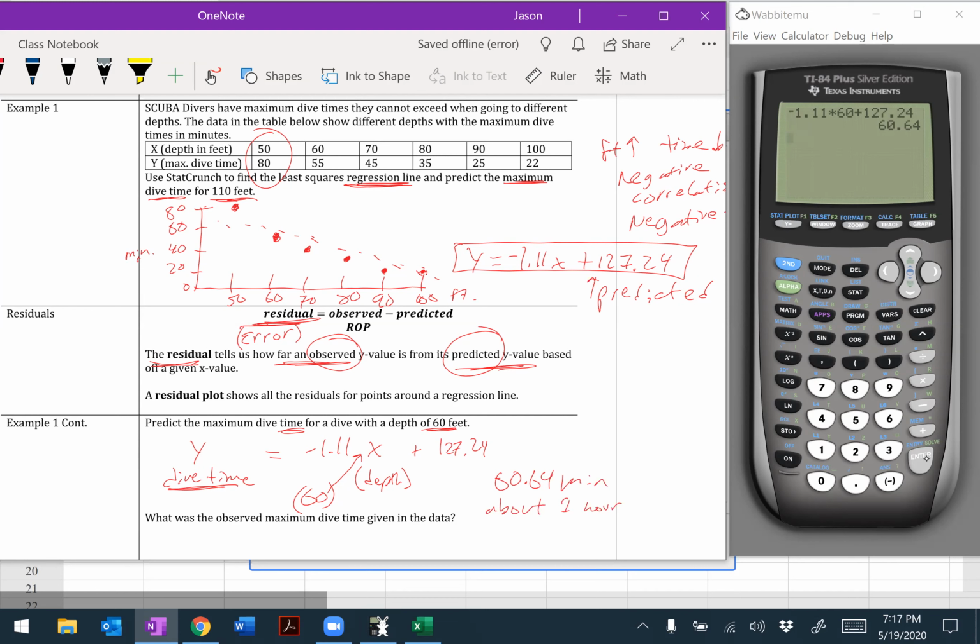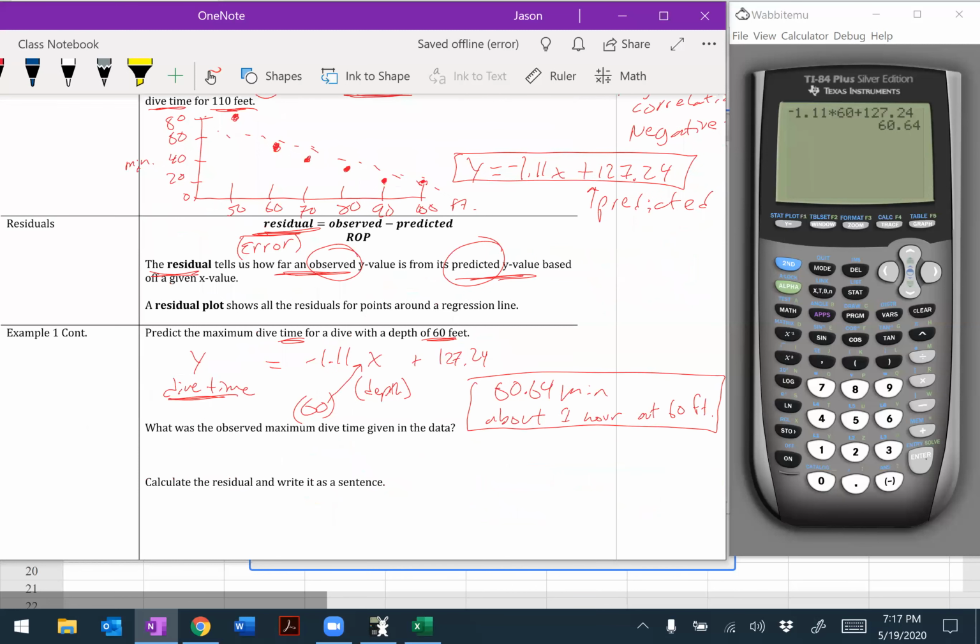So if I'm at a depth of 60 feet, not 6 feet, if I'm at a depth of 60 feet, I have air to last me about an hour.